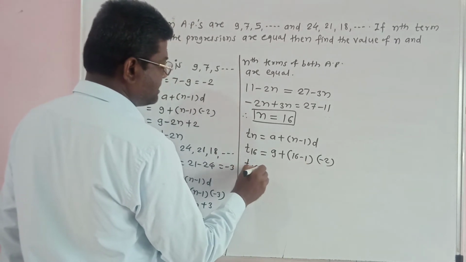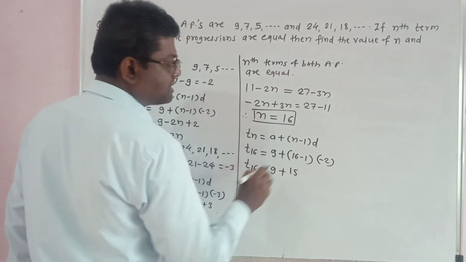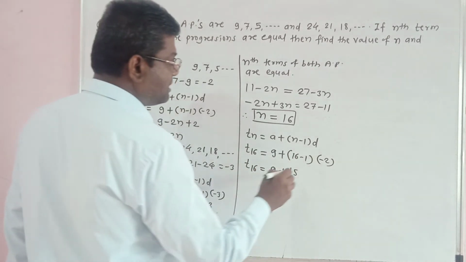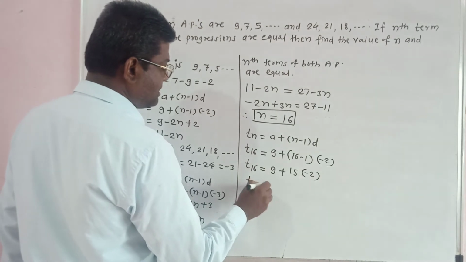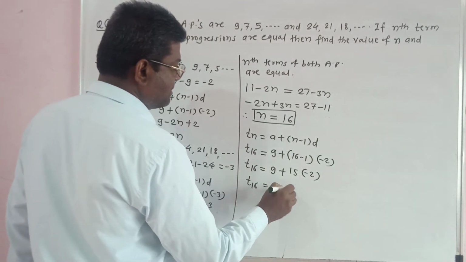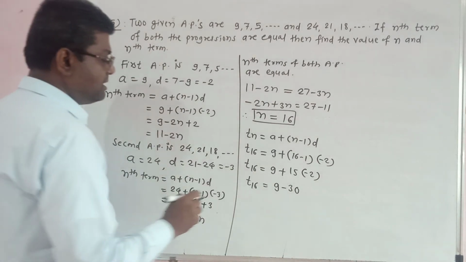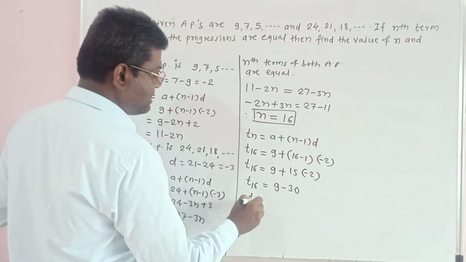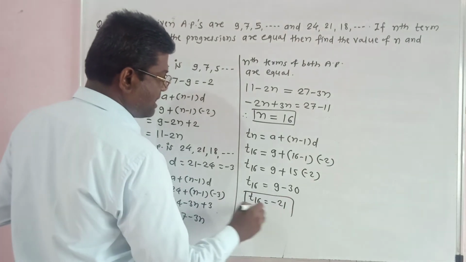Therefore T16 is equal to 9 plus 15 into minus 2. So T16 is equal to 9 minus 30, and 9 minus 30 is minus 21.